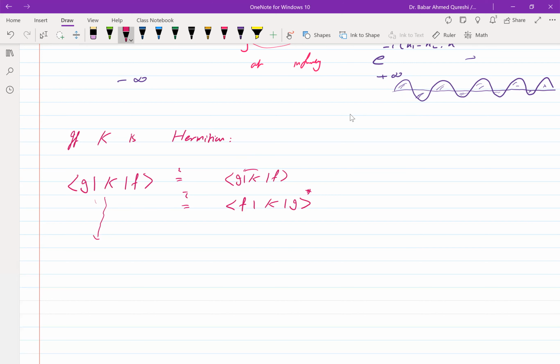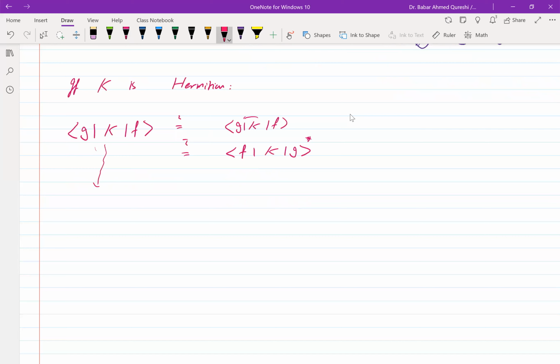This thing, by definition, let me write this thing by definition. I can include this identity. There are two identities which I have put in.